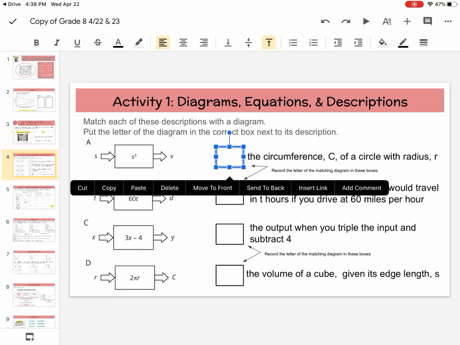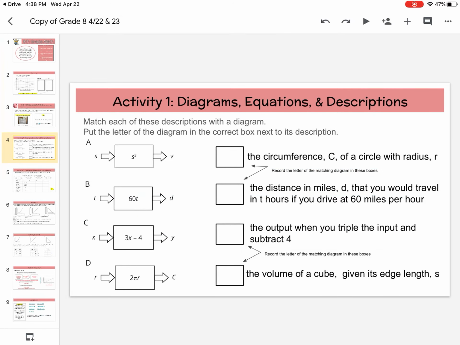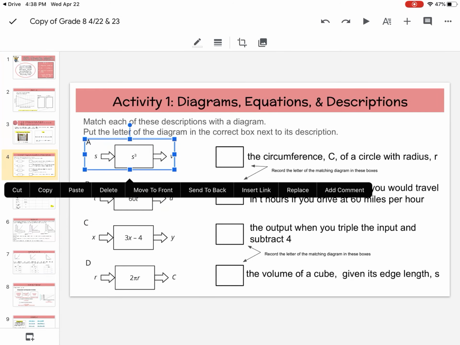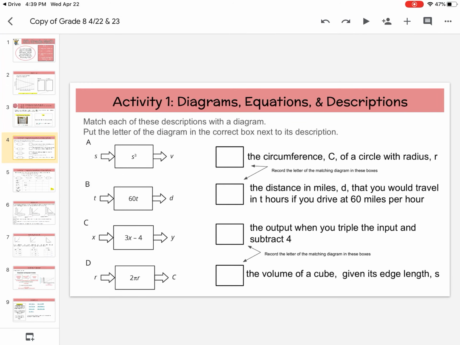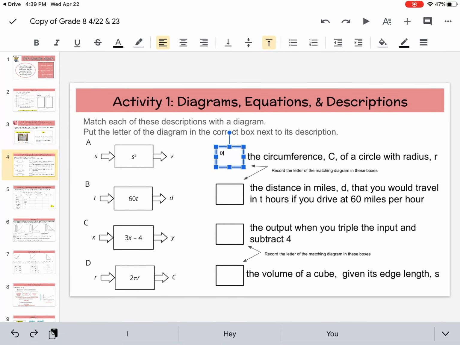For example, the circumference C of a circle with a radius R. I need to look in the left-hand column for a diagram that has an output, that means on the right side of the box, of a C, and inside that diagram box there's going to have to be an R. Which one of these has a C on the right side of the box? That's going to be D. So in this box right here, you write the letter D.